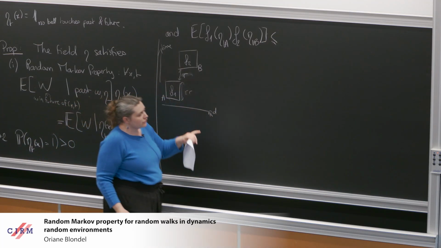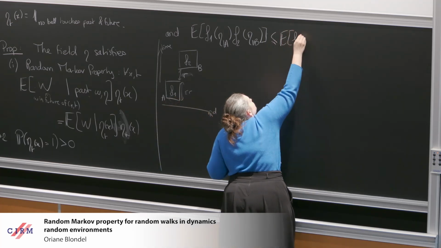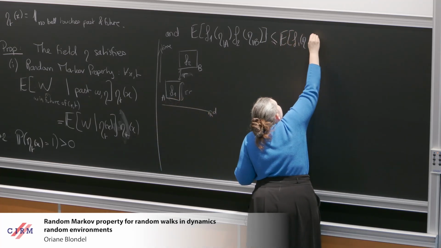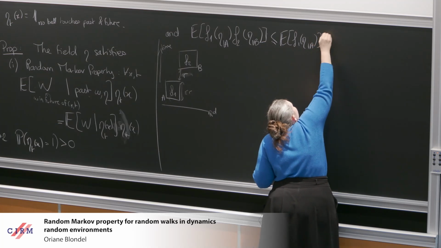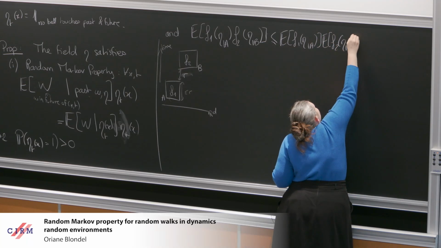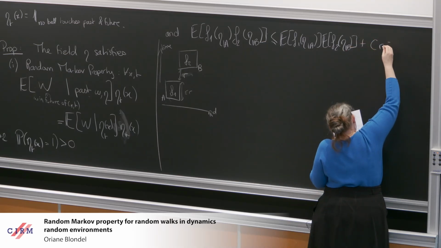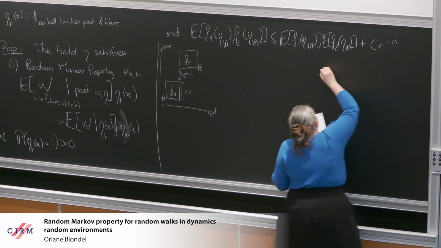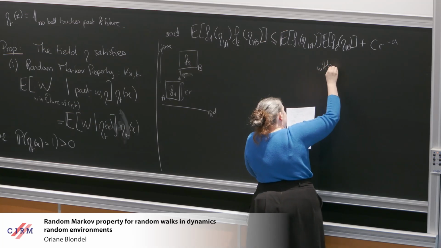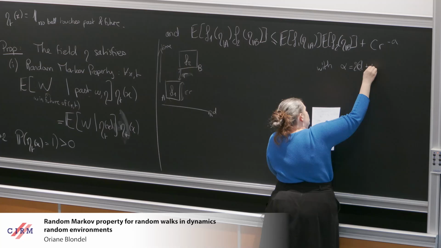That's pretty close to the product. And there is an exponent, which you can take to be 2d plus 1 minus beta.